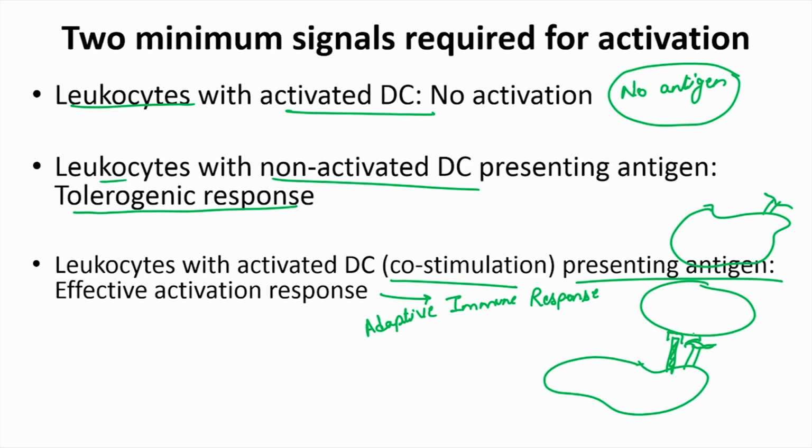So, if there are two signals coming in, then the immune response is going to go up. If you have only one signal, either the antigen or just the co-stimulation, there is going to be no activation, or a tolerogenic response will be built up. That is how the body has put in a check that there needs to be enough evidence that there is some problem with the system.